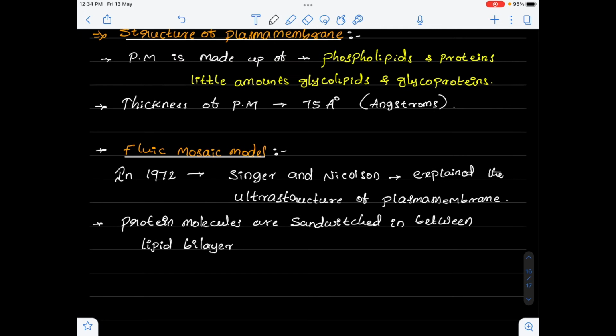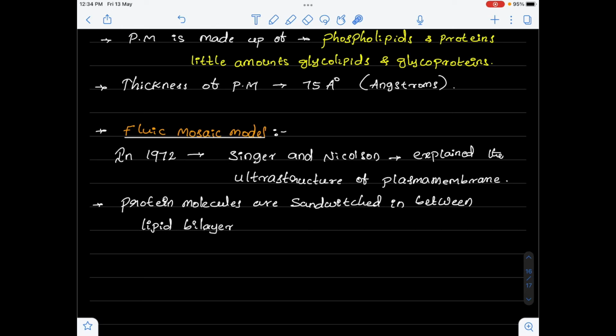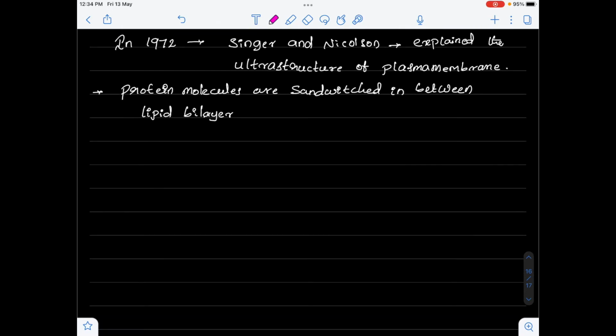As we have already seen, the plasma membrane is made up of phospholipids and proteins, and here the phospholipid molecules are present in the two layers. In between the two layers of phospholipid molecules, proteins are sandwiched. Now let us see how these phospholipid molecules are present in the two layers.